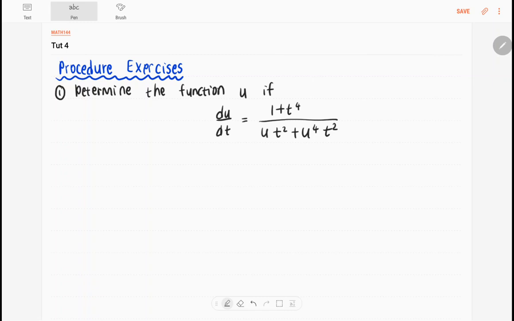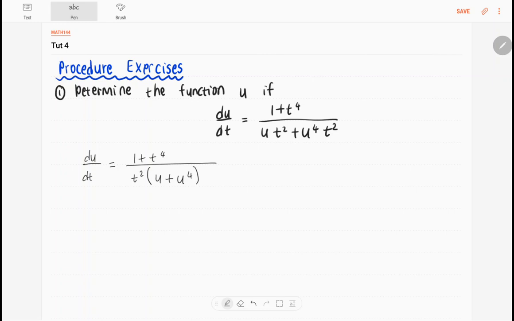So let's just write our differential equation as du/dt equals 1 + t^4 over, and then I'm going to take out a common factor of t squared in my denominator. And then I'm left with u + u^4. Now I'm going to separate my variables.